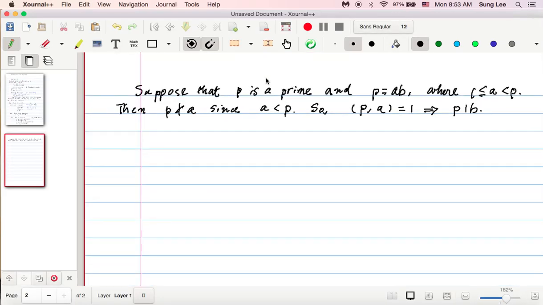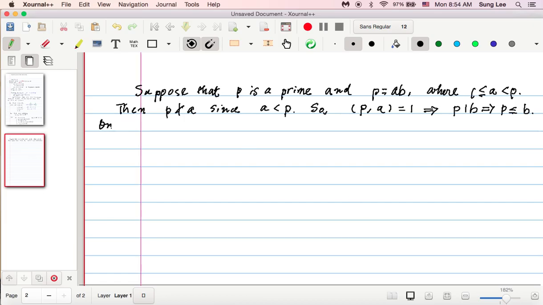So we got this. This means, since P divides B, that P is less than or equal to B. On the other hand, B divides P because P equals AB.